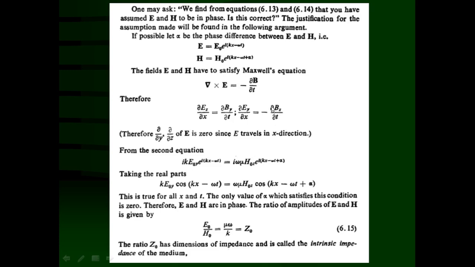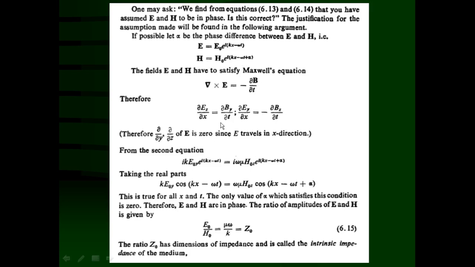the Bz component is equal to mu into H, so mu into H0z e raised to i(kx minus omega t plus alpha) will be there.